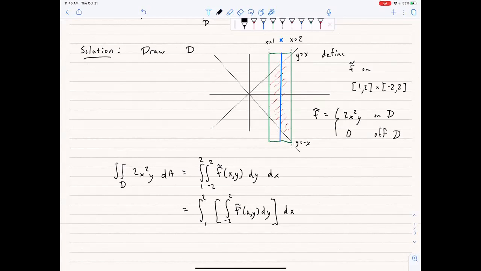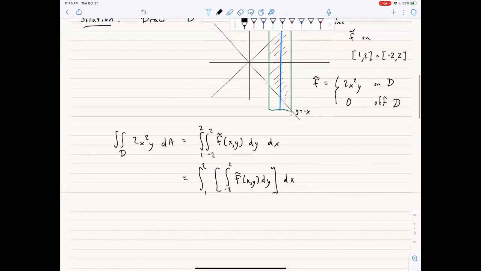So what I'm going to do then is integrate from minus x to x of f tilde of x, y. Well, I can do it this way, but I'll just put in the values here, the function 2x squared y.